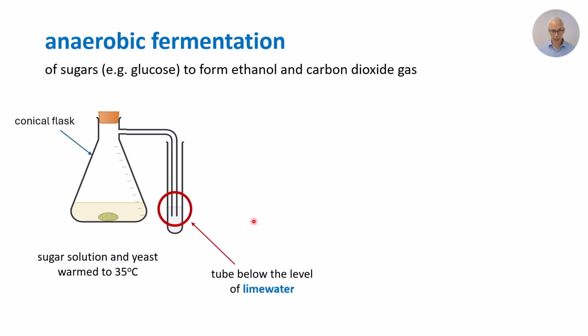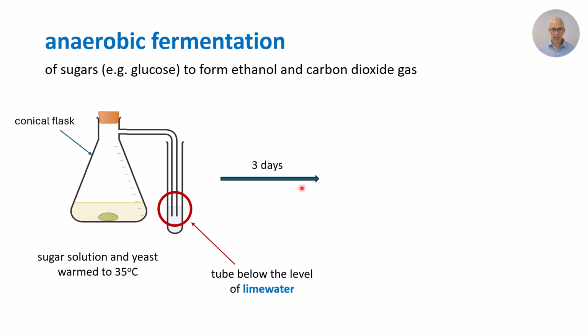So we also should note, to maintain the anaerobic conditions, that is, to remove the possibility of the flow of oxygen into the conical flask, we have the delivery tube below the level of lime water. So this liquid here is lime water.